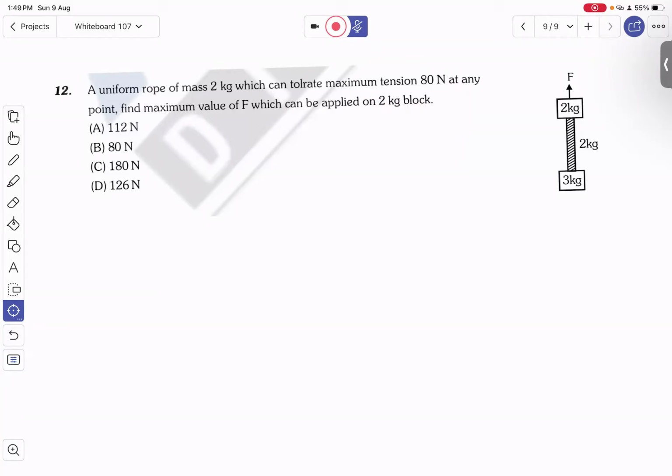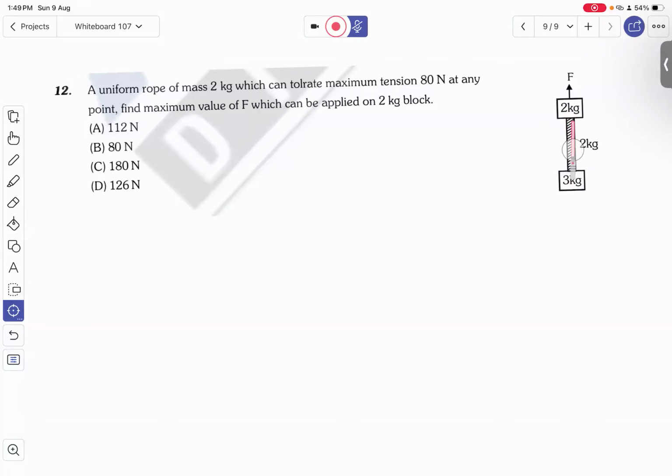So tell me, if at all we are pulling them like that, where will the tension be more? So this is a person whose head is 2 kg, legs are like 3 kg. Where in the remaining body will he be feeling more pain, at the neck or maybe the thighs and all?